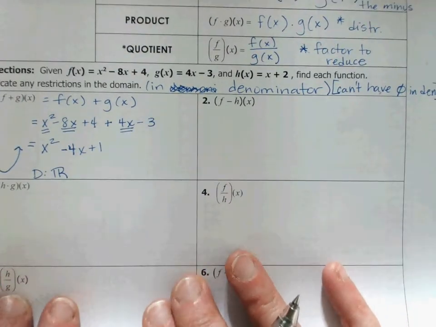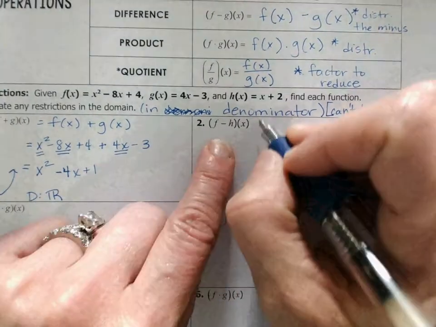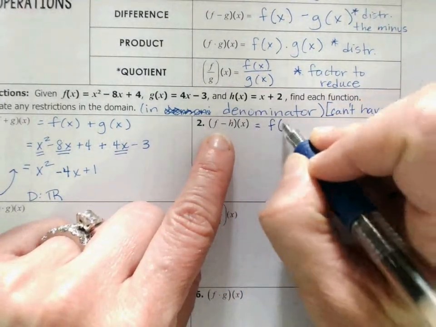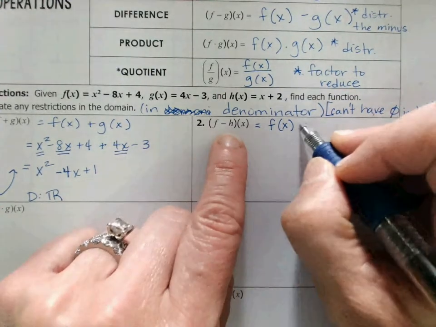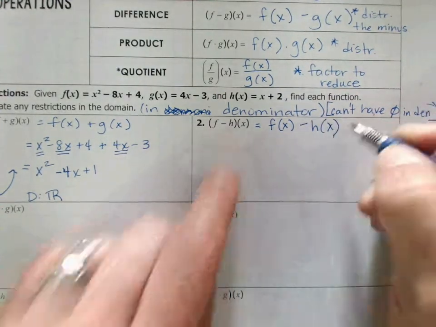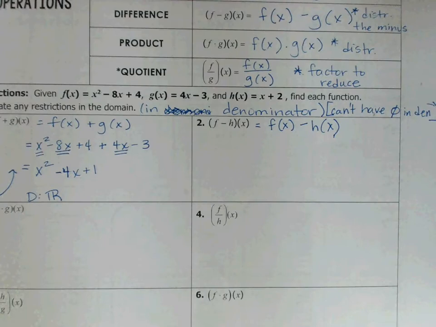All right, so here we go. On number 2, this is the same thing as saying f of x minus h of x. Now the x just means that I have x's as my variable of input, right? And that is my function f and my function h.